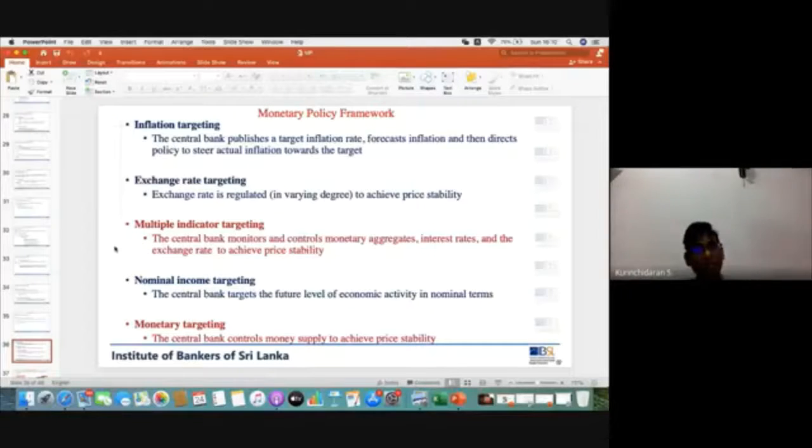Up to now in our discussion, we saw monetary targeting, where the central bank controls the money supply to achieve price stability. In Sri Lanka, we were talking about inflation targeting, but monetary targeting is also still considered actively.